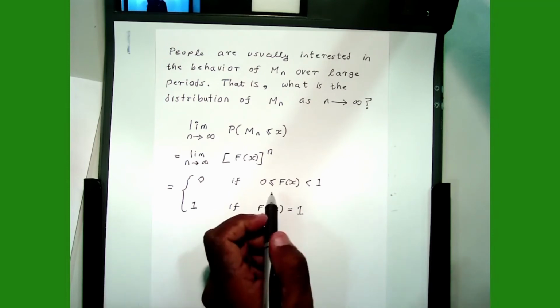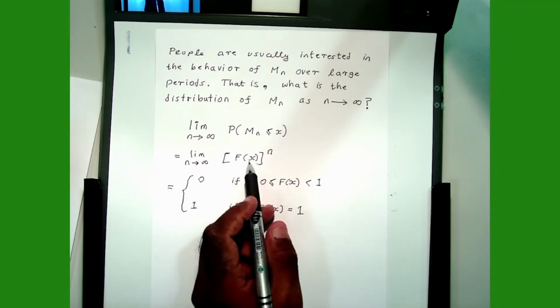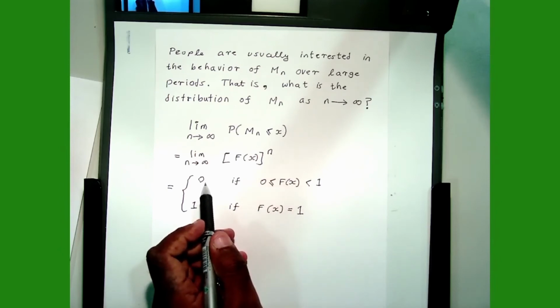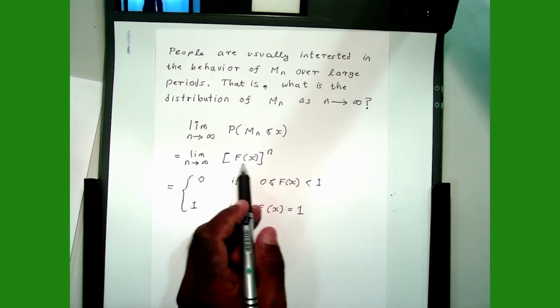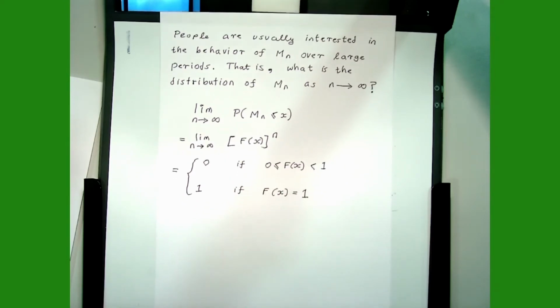Because if this guy here is a number between 0 and 1, excluding 1, and you are taking a power to infinity, then it must be 0. Whereas if this guy is exactly equal to 1, then 1 to the power anything is 1. So that's why you have this limit.